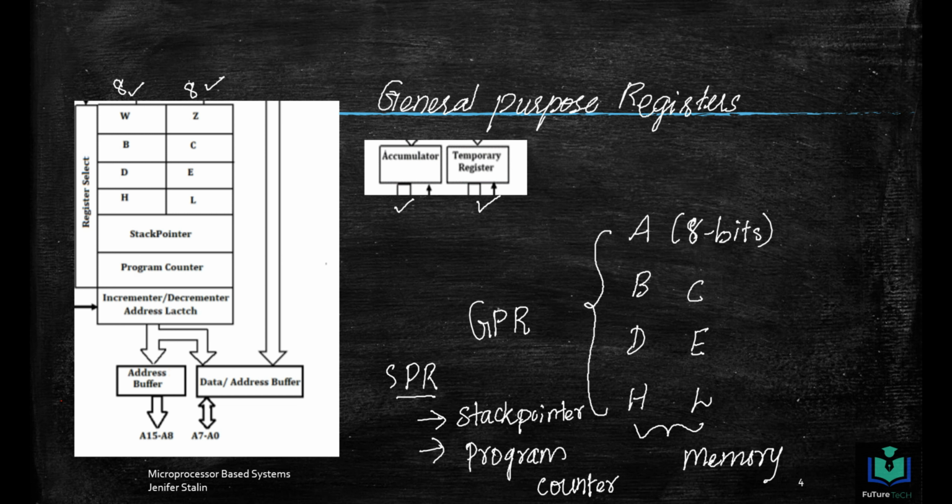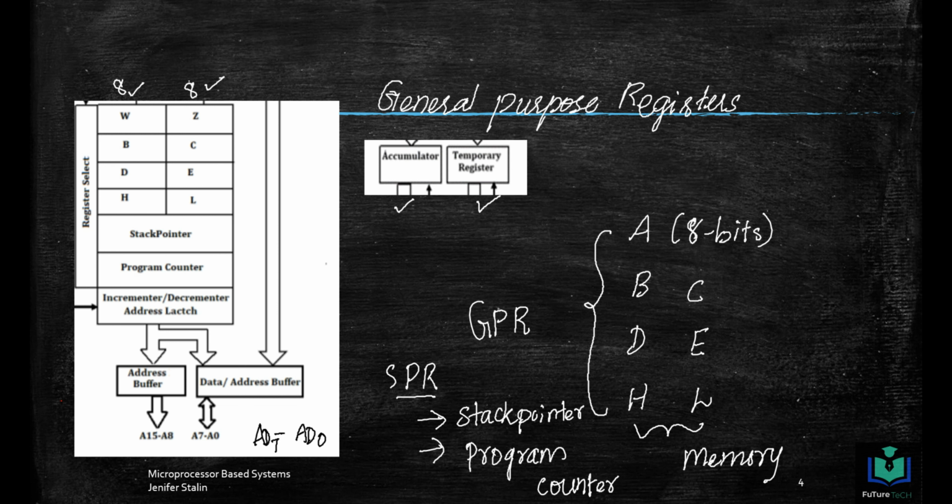So next to the stack pointer and program counter, we have incrementer and decrementer. Incrementer and decrementer increment and decrement the values by +1 or -1. After that, you have address buffer and data/address buffer. The address buffer points the higher order addresses from A8 to A15, and here data and address both make use of the lower order addresses, written as AD0 to AD7 multiplexed.